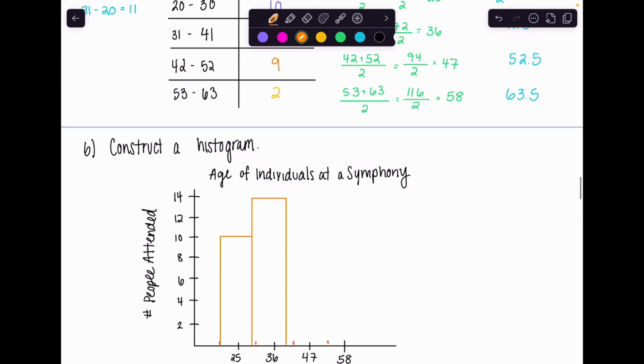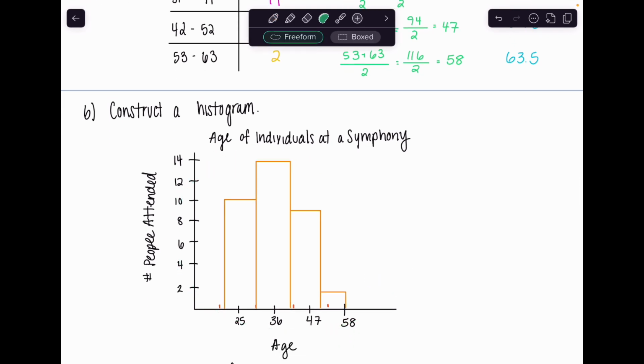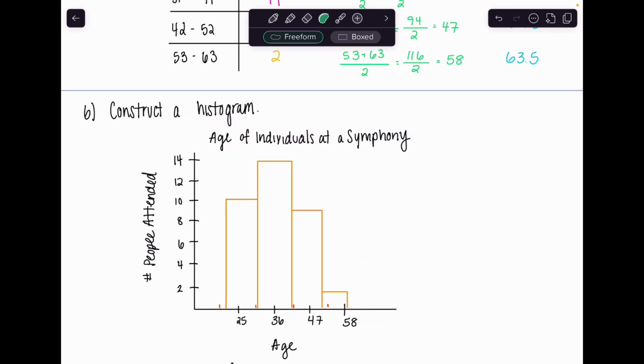My next class is 9, so 9 is halfway in between these two. So I draw that bar down. And then finally, my last frequency was 2, so I draw that bar downward. And then thankfully, since I'm using an iPad, I can shift this a little bit to make it a little bit better. But this would be my histogram.